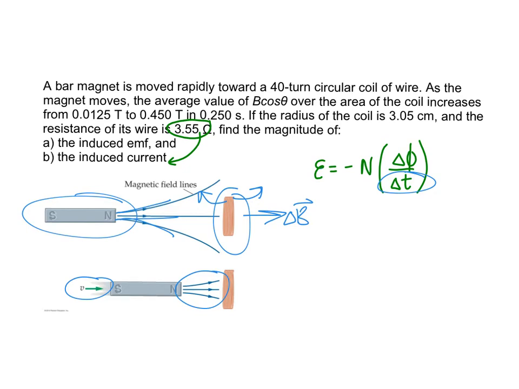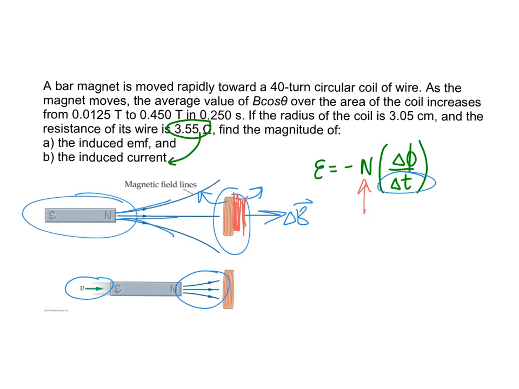The number of loops, I could keep everything else exactly the same, same magnet, same amount of motion, or same velocity, I should say. So the same delta T in the denominator. I could keep the orientation of the loops the same, but just increase the number of loops. So I could add a few more loops here, and by changing that N, I would increase the induced EMF. So those are the factors involved.